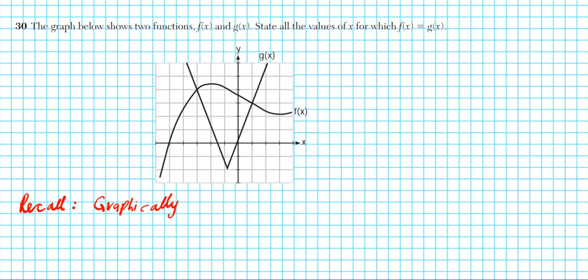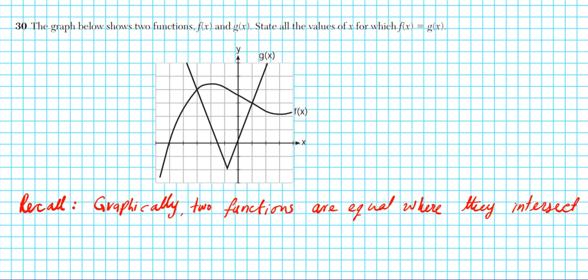Graphically, two functions, in this case f of x and g of x, are equal where they intersect. So what this problem is asking us in essence is, what are the x coordinates of the points of intersection of these two functions?